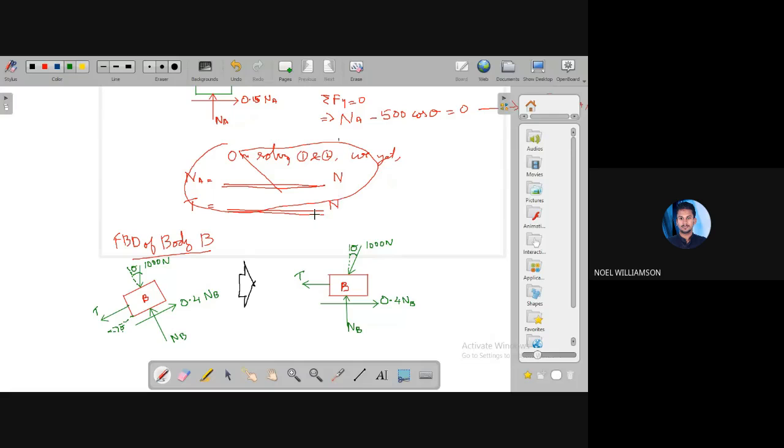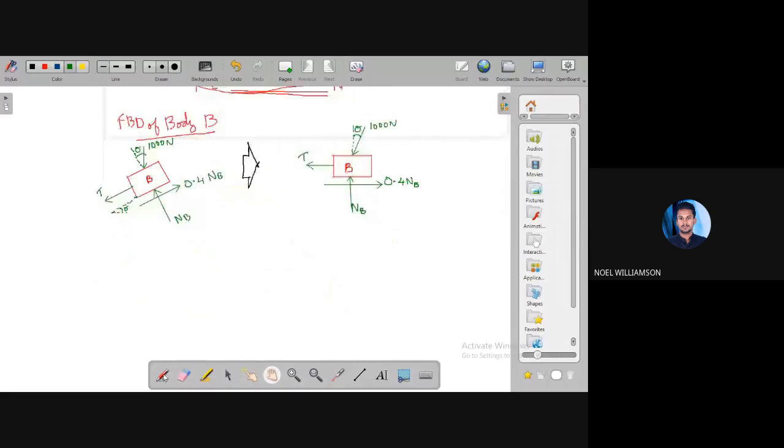Now here also we have to consider the equilibrium conditions and write the equations as sigma Fx equal to 0 implies, what is the relation? Minus T plus 0.4 NB minus 1000 sine theta equal to 0.